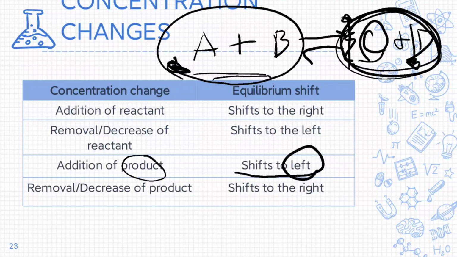You add a product, you add concentration in the product, it shifts to the left. Compensation. And then, if you remove or decrease the concentration of a product, magstay dun sa product mismo. The equilibrium will stay to the product side, which is the right side.